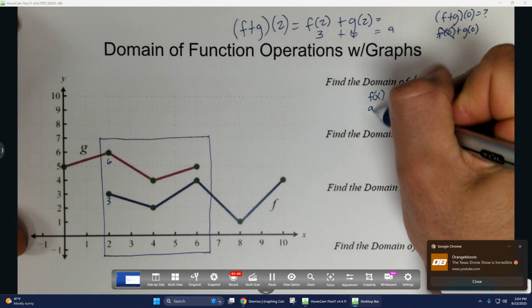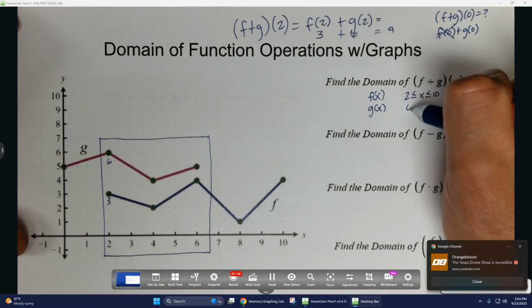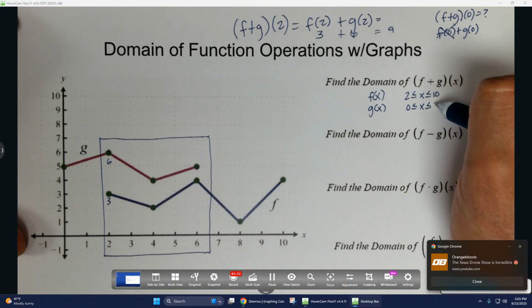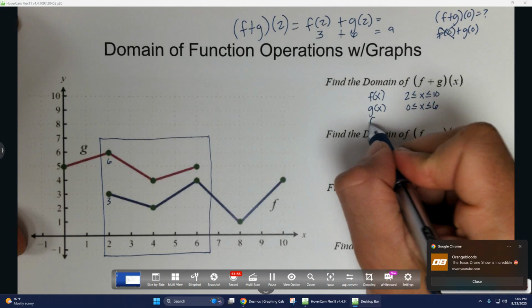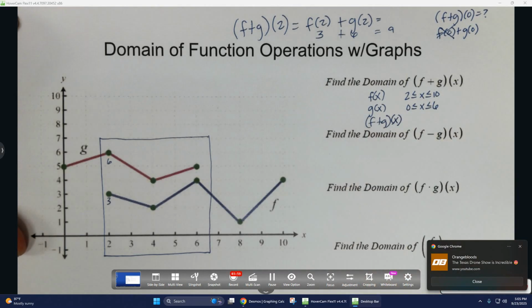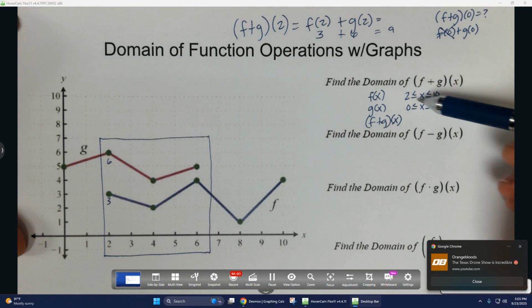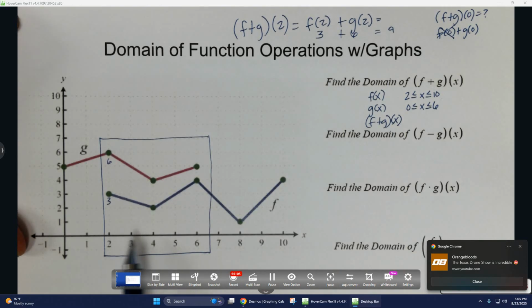What is the domain of the g of x function? Well, g exists from 0 all the way to 6. So in order to find the sum of these two functions, the domain can only exist where these two overlap. And that's between 2 and 6.